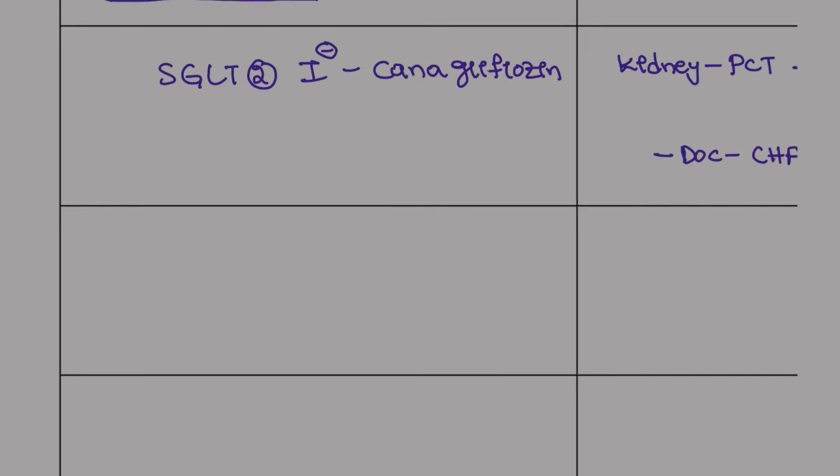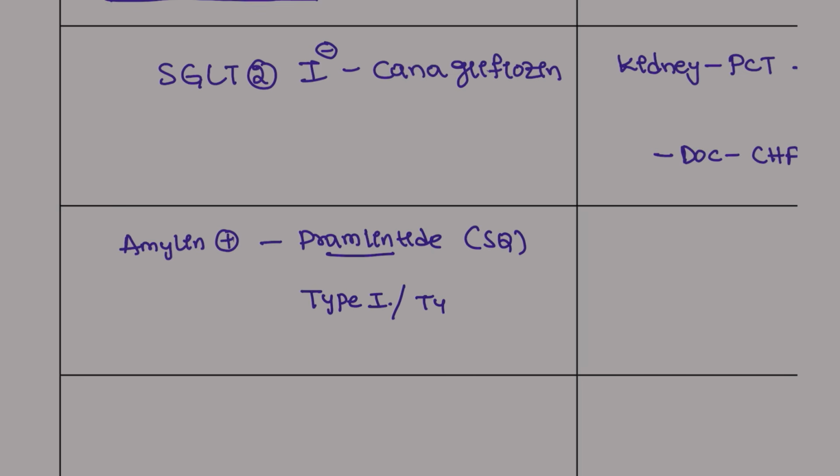And the last few classifications, guys, are the amylin analogs, amylin agonists. The drug is pramlintide. Here the amylin is given as a subcutaneous injection. I can give it for type 1 diabetes mellitus and also for type 2 diabetes mellitus.